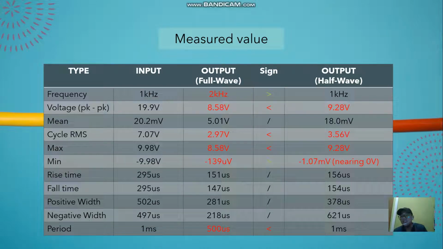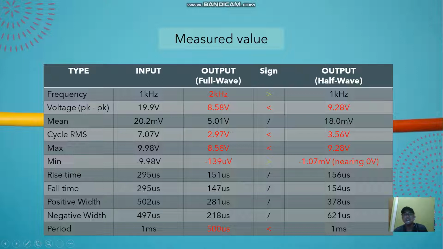Now all the values from the previous simulation have been stated in this table. As you can see, the output from our full wave rectification changes slightly in frequency, voltage, cycle RMS, maximum and minimum voltage, and period.